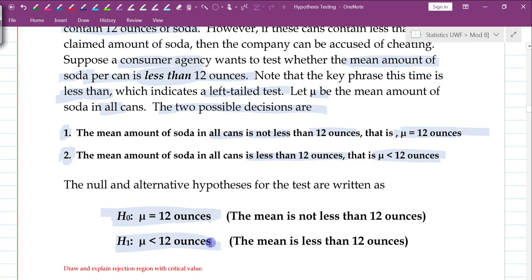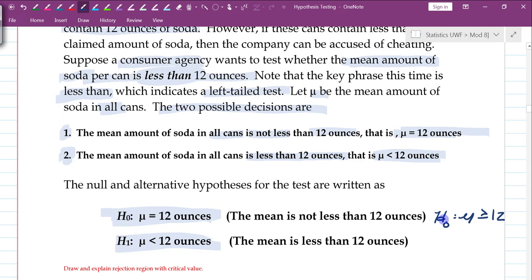If you watch some of my older videos, and I'll probably even do it in this video possibly, remember that H naught, where mu equals 12 ounces, could also be written as H naught, where mu is greater than or equal to 12 ounces, okay? It just has to be the opposite of the alternative. It can be strictly equal to, or it can be written as greater than or equal to. It has to have that equal to, though, okay? Both of these null hypotheses mean the exact same thing.